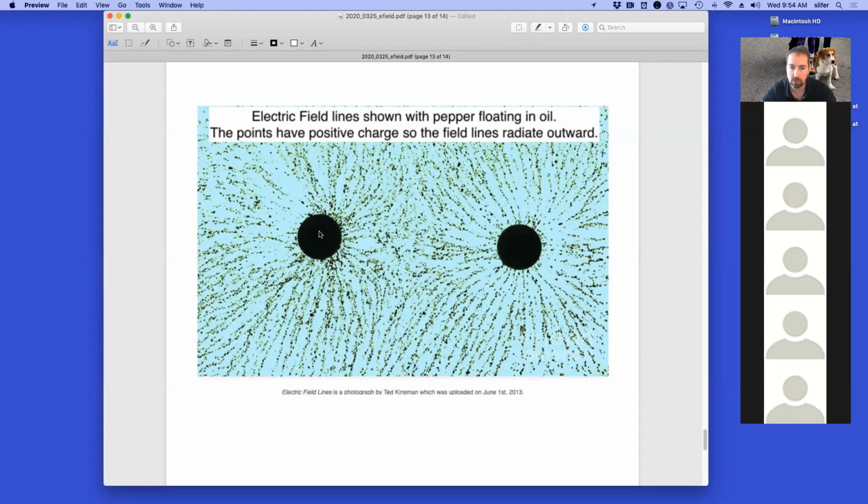And then we introduce 2 positive point charges in this pan of oil. And what we find here, again, it's an analogy, so it's not perfect, but what you find is the pepper aligns itself along those field lines, and we see this radial distribution of field lines coming out from the point charges, right? In the middle here, this is a vector quantity, so you're going to have some vector addition of these two.